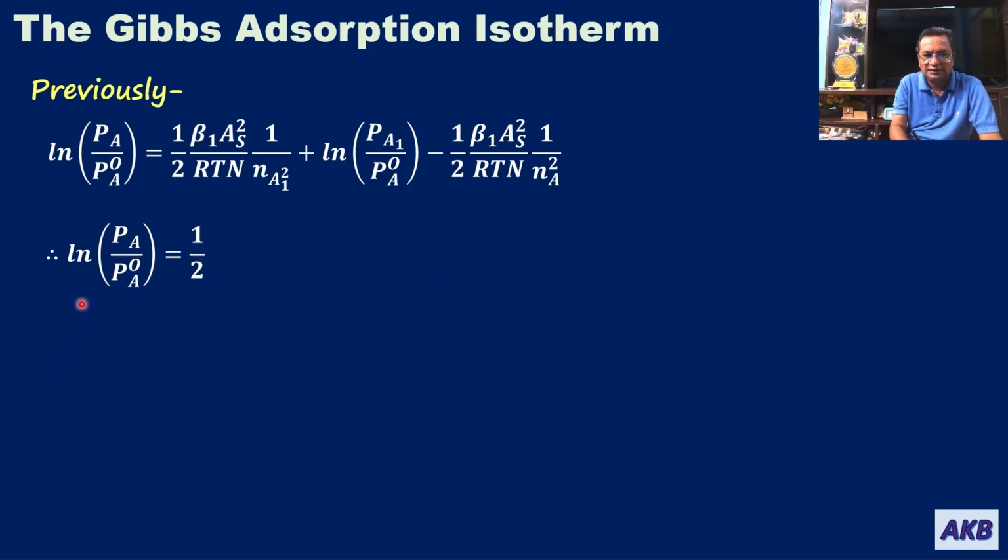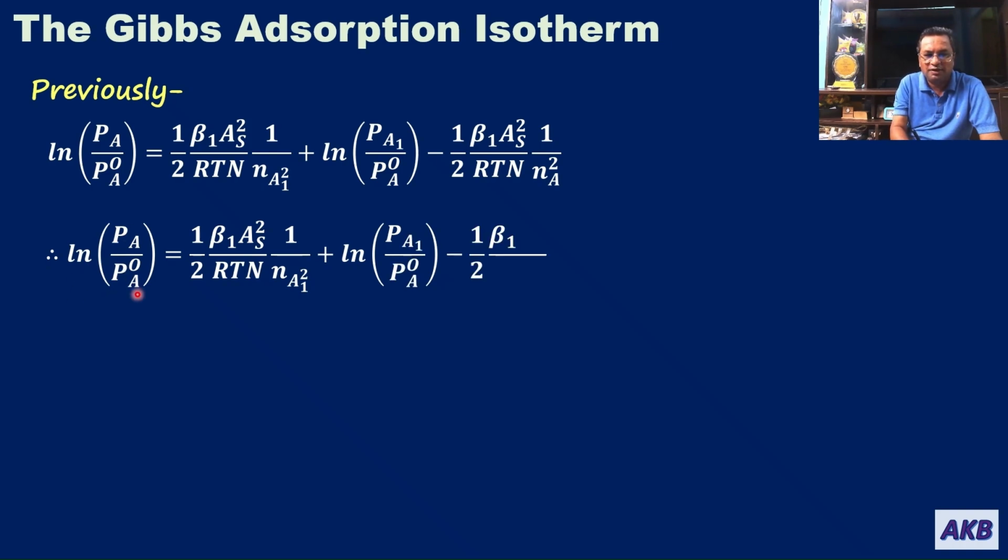I will write it in this form. Ln of PA upon PA naught is equal to 1 by 2 beta 1 into A square. And now, what have I done in this step with the second term? In the third term of the equation, I am multiplying with V square and dividing with V square, because I want to replace one term in this equation.